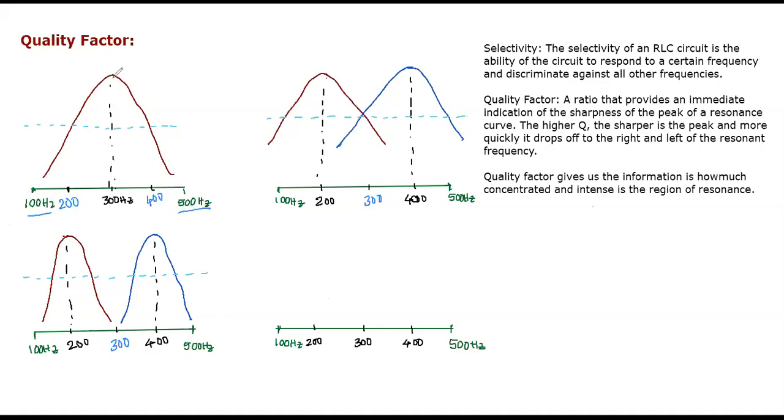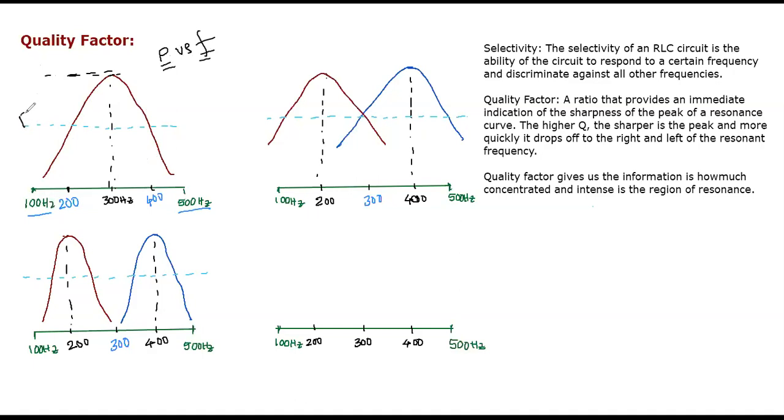For example, if you take one resonant curve, it is nothing but active power absorbed by the circuit versus frequency. So if you take this resonant curve here, the resonant frequency is 300 hertz and the maximum power delivered to the circuit is at 300 hertz.